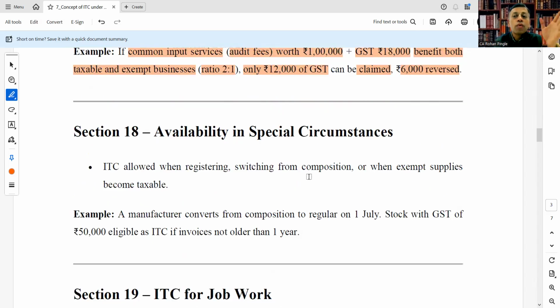There is a concept of availed and utilized: you can avail that ITC, but you cannot utilize it, and before utilization, you have to reverse that.